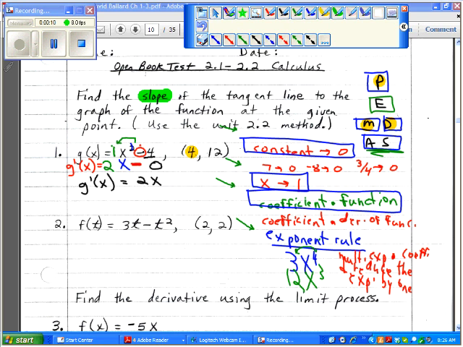If we want the slope of the tangent line at this point, we plug in the x of that point. g prime of 4 is 2 times 4, so we have 8. So the slope of the tangent to x squared minus 4 at the point (4, 12) is 8.